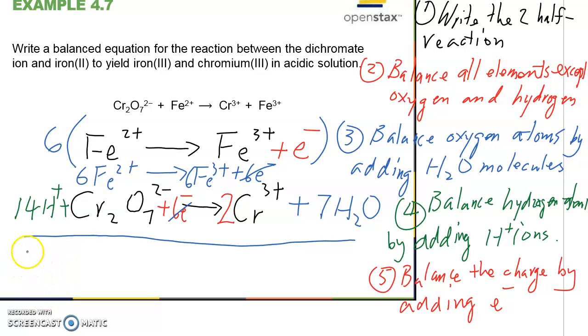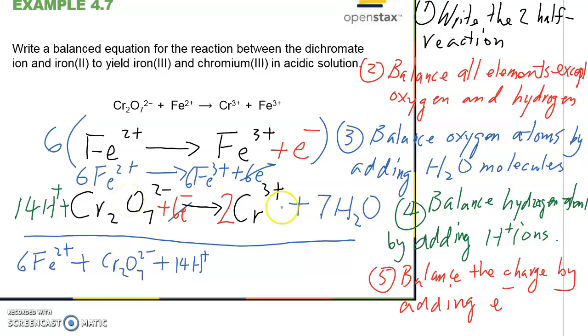I will have 6 Fe2+, plus Cr2O7 2-, also I have 14 H+. The electron is gone, so I don't want to write the electron. Let me erase this one, because it canceled out on both sides.